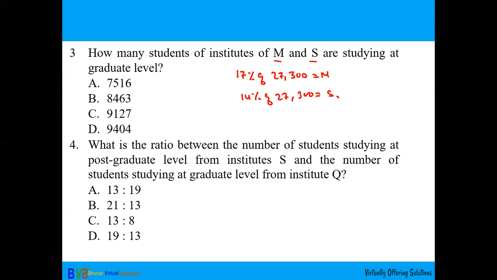Okay, graduate level here. The question is asking for graduate level. So you have to use the graduate level chart. Yes, the answer should be B. So 17% of 27,300. You know how to calculate this? I am directly calculating it. 17 by 100 times 27,300.